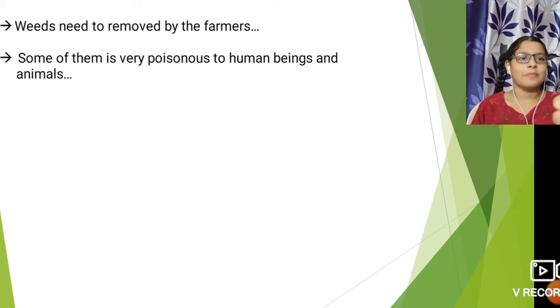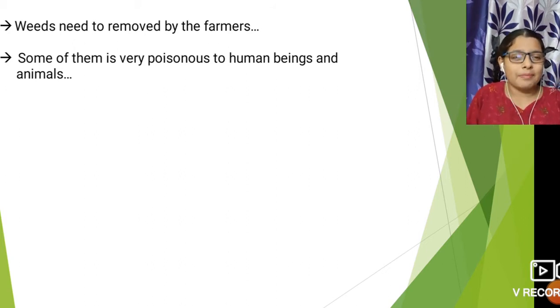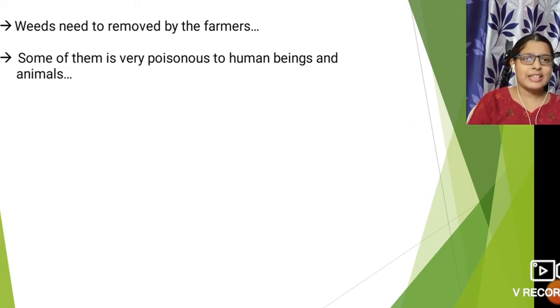I'll give a thumbs up to this point, because if these crops grow until harvesting is done, the poison present in the weeds passes to the crops, so these crops will absorb that poisonous matter, and if we eat that food, the poison goes into our body. So this is how it may result.